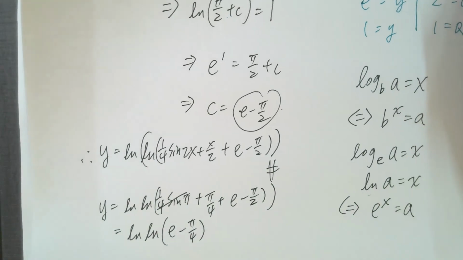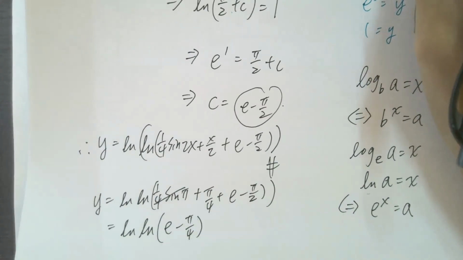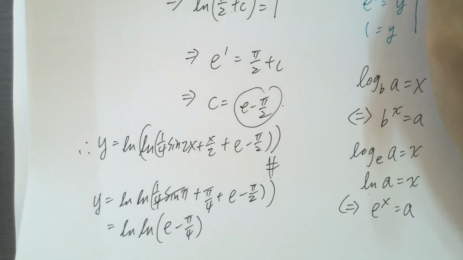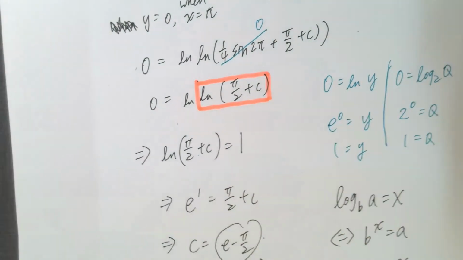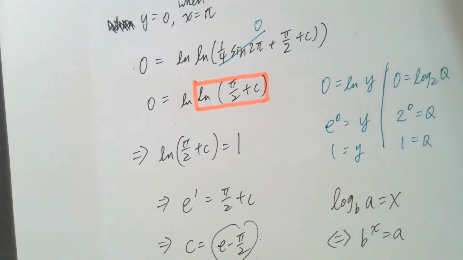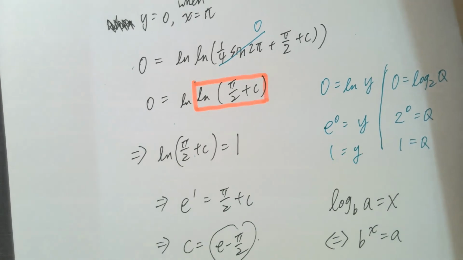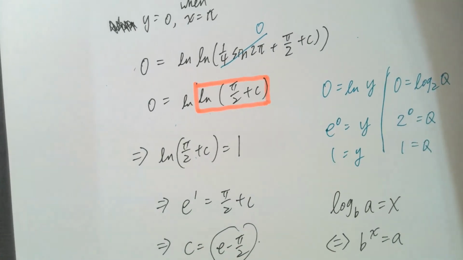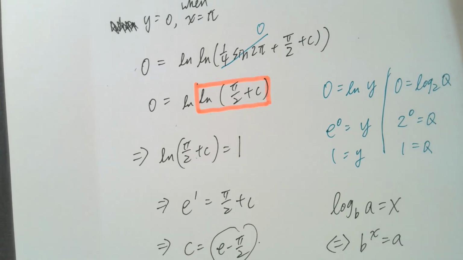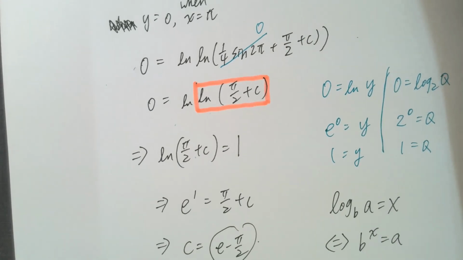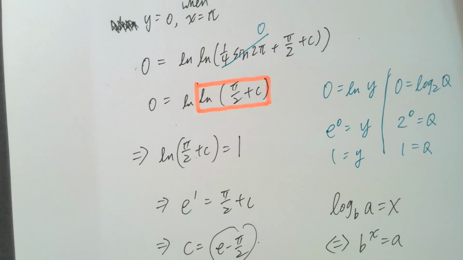But we could check the value of this if we want. I haven't done it yet. Let's check the value. But I think it's good enough if we just leave it like that. Nonetheless, I'm curious what the value is. Ln of e minus pi over, sorry, I'm using a computer calculator.